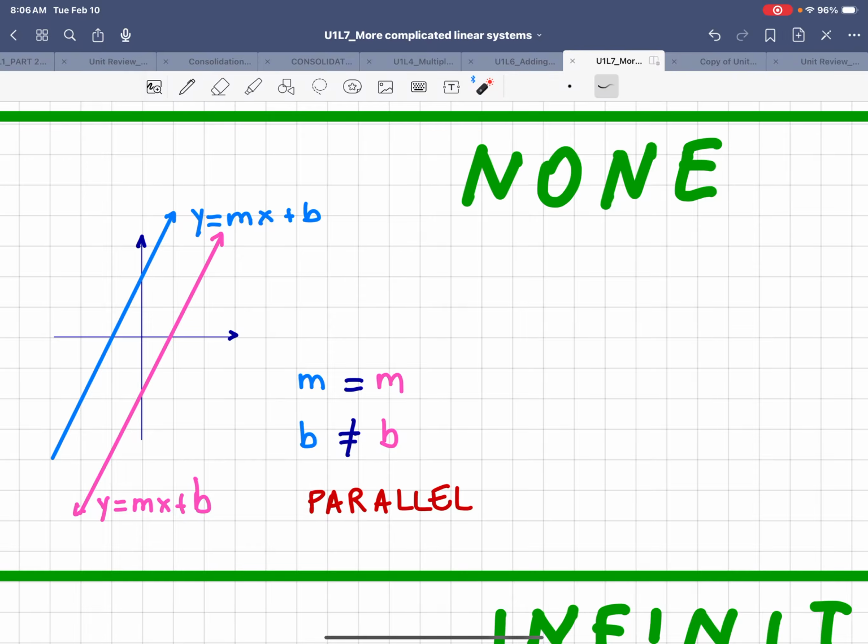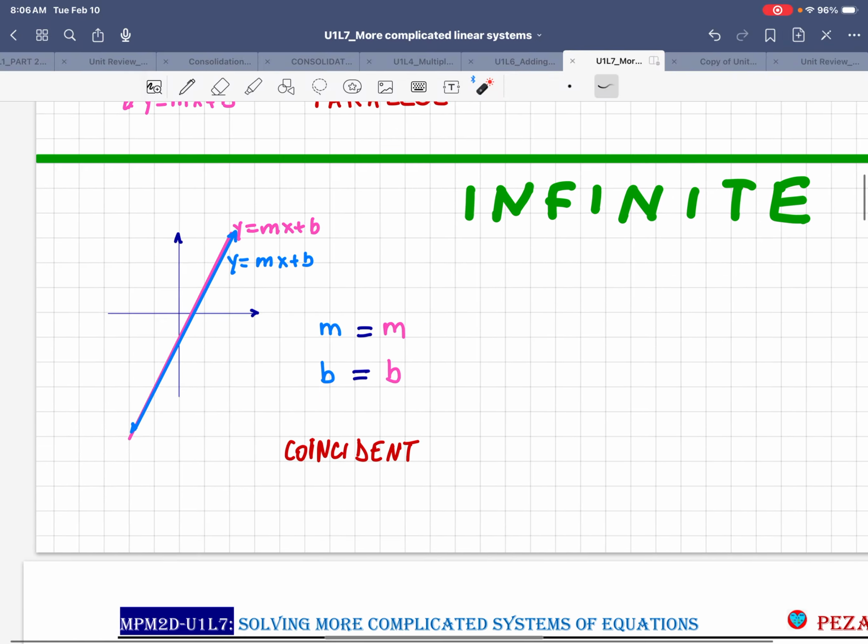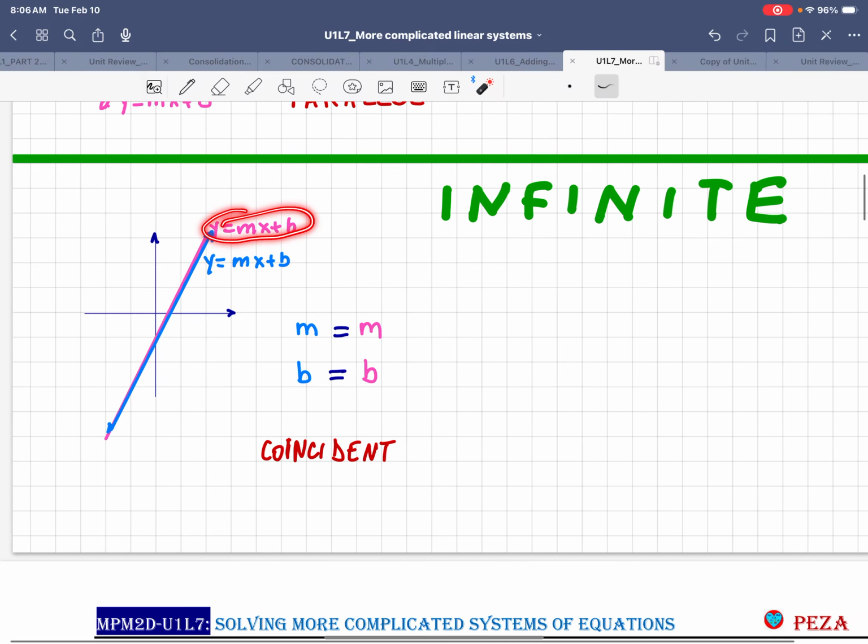Now, the last case is when two lines have the exact same steepness, so they are parallel, but they also happen to have the same y-intercept. If they have the same y-intercept, then the rest of the points will be the same because they're parallel. So in this case, the coordinates of any point on the blue line will be points on the pink line.